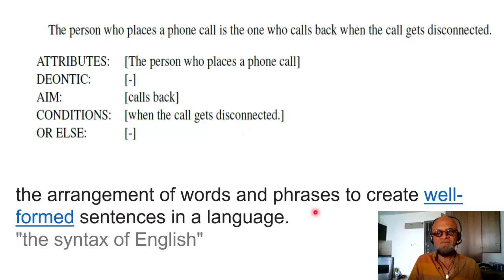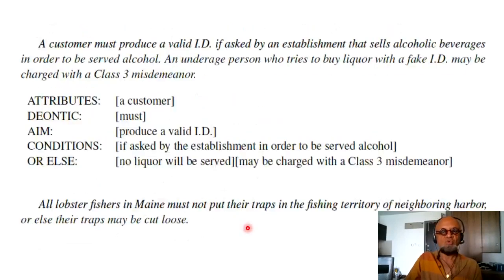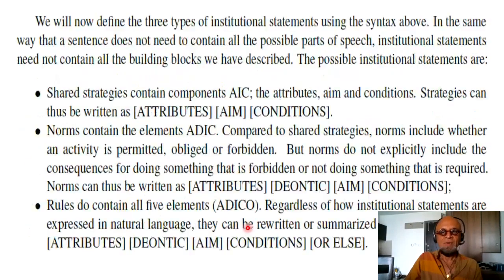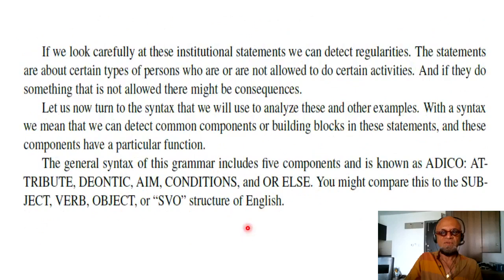The arrangement of words and phrases to create well-formed sentences in a language is called syntax. So the syntax of English is what we talked about before: SVO, subject, verb, and object.